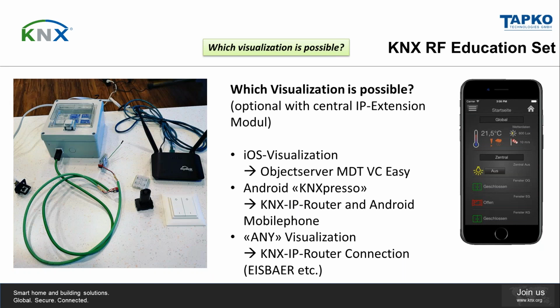There is a media coupler, and there is a power supply and a little visualization. The visualization can be integrated into the ETS5, so you can have it all together in the ETS5. That is one of the main advantages. But you can use any visualization also, because there is a KNX IP router inside, and you can connect to any visualization that you want to use.